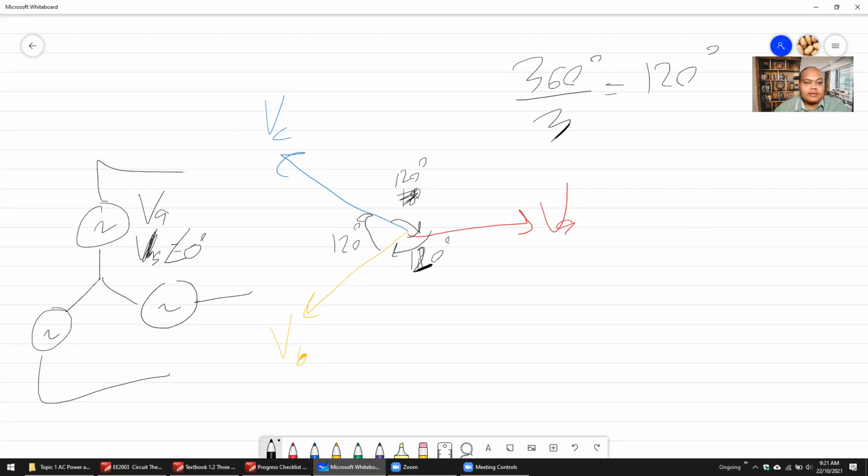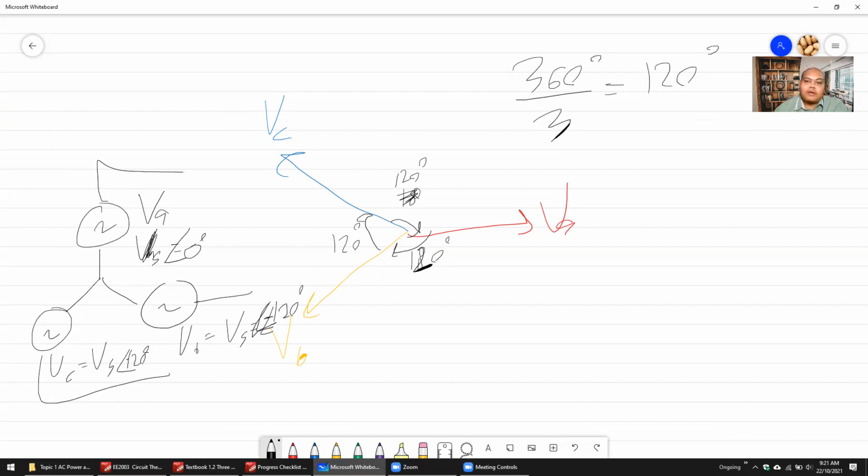VB equals VS angle negative 120 degree. VC is VS angle positive 120 degree.